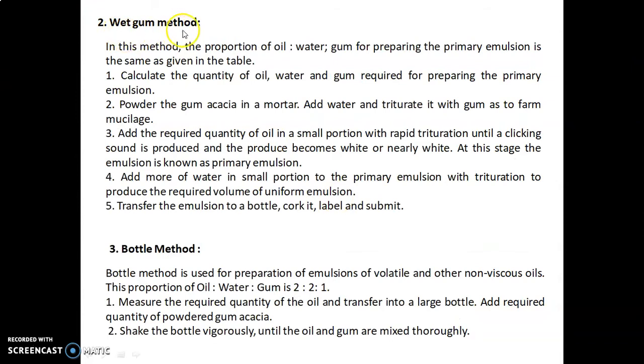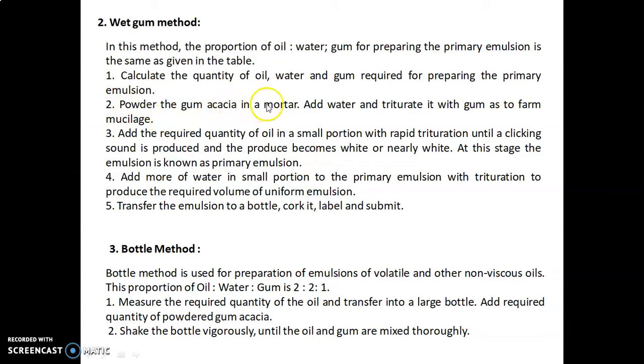The second method of preparation of emulsion is the wet gum method. In this method, the proportion of oil to water to gum for preparing the primary emulsion is the same as given in the table. Calculate the quantity of oil, water and gum required for preparing the primary emulsion.